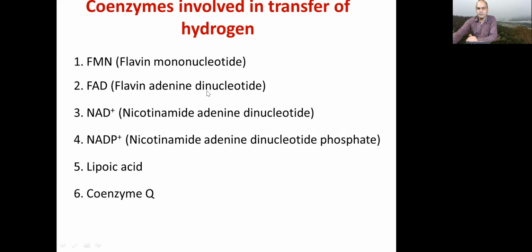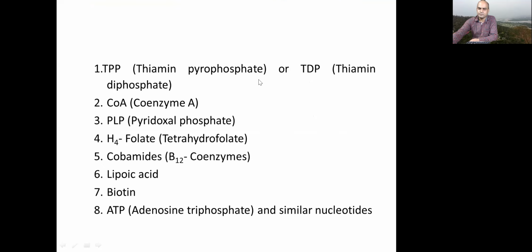Similarly, FAD will be converted into FADH2, and NAD+ will be converted into NADH. These coenzymes accept hydrogen, they get reduced, and they can again get oxidized. So they are involved in the transfer of hydrogen.